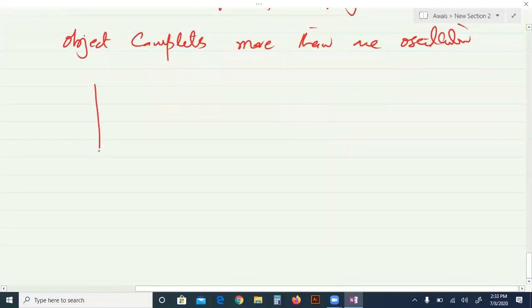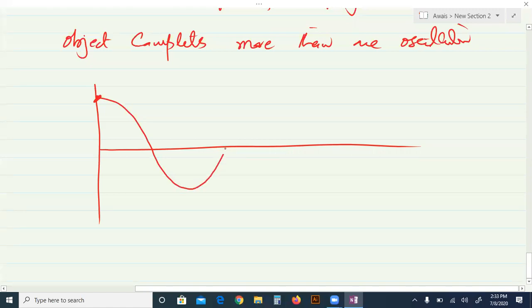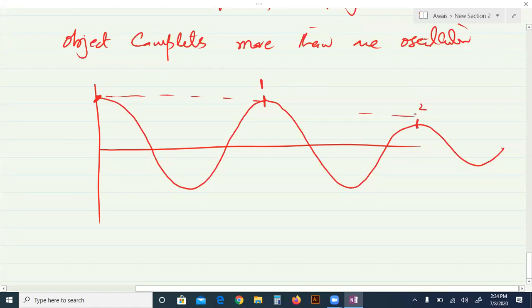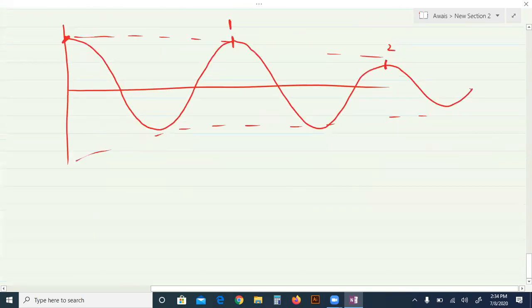For example, a pendulum is displaced from this position. When it is released, it is oscillating like this, amplitude gradually decreasing. This is the first complete oscillation. This is second. So amplitude is gradually decreasing and more than one oscillations are completed.